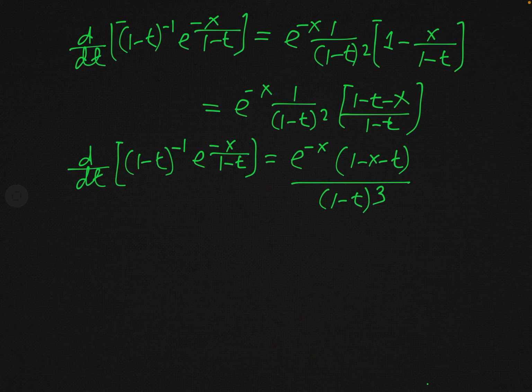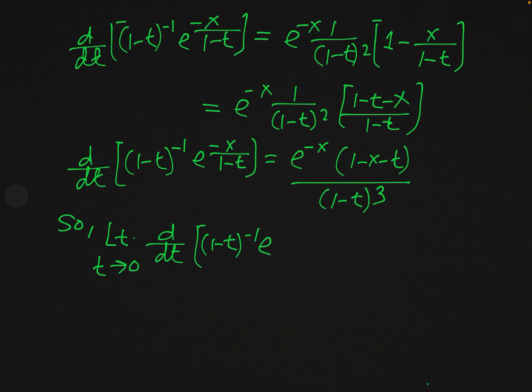Now we will see what will be the value of this expression when t tends to 0. So you can see, limit t tending towards 0 of d/dt of (1 minus t) raised to the power minus 1 times e raised to the power minus x over 1 minus t. What will be this?